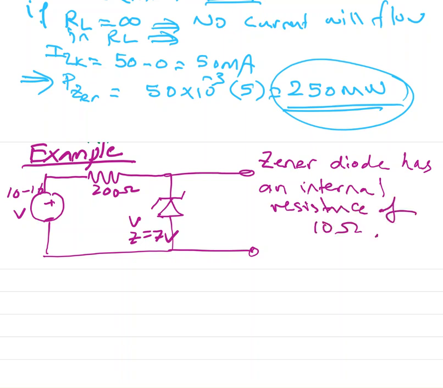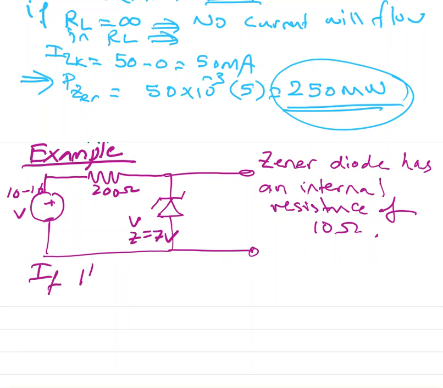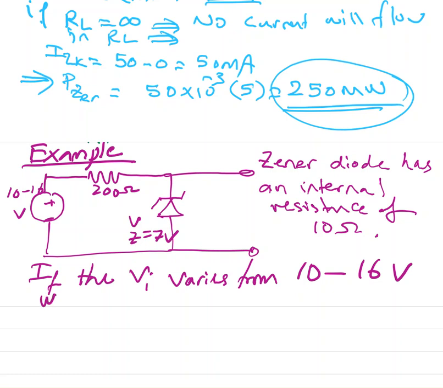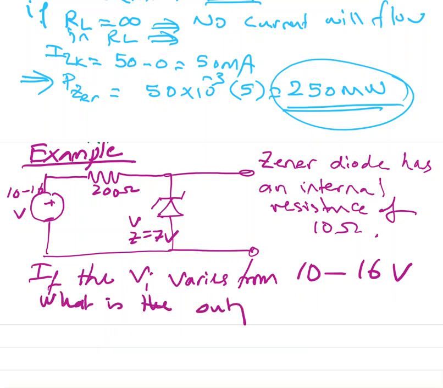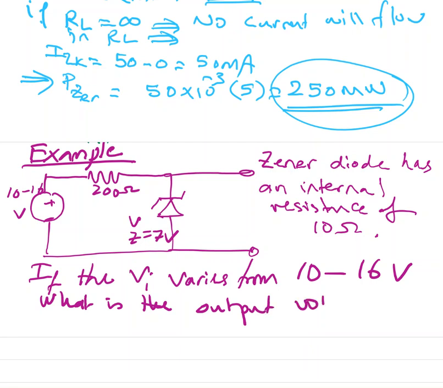So the question says, if the voltage V input varies from 10 volts to 16 volts, what is the output voltage?